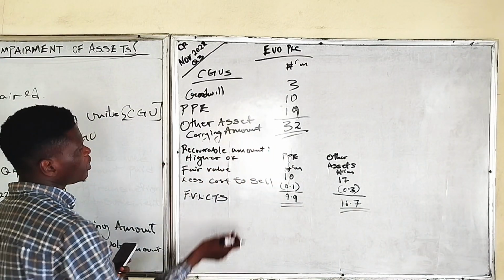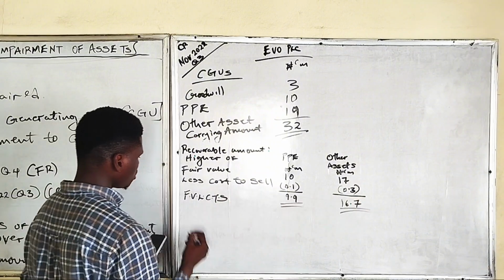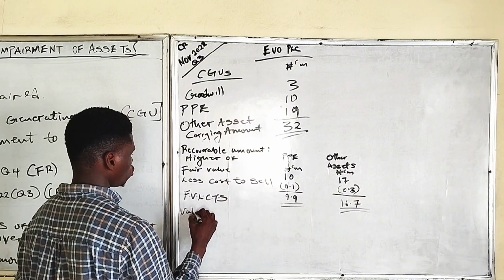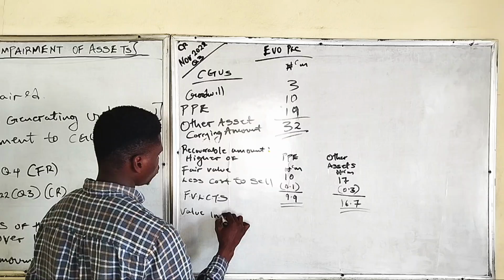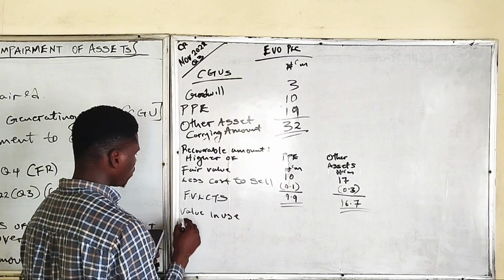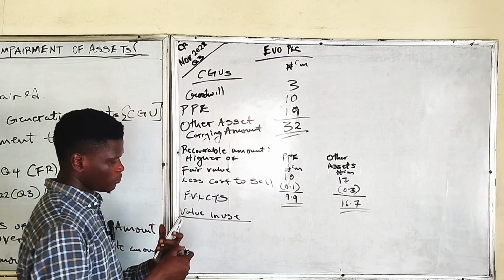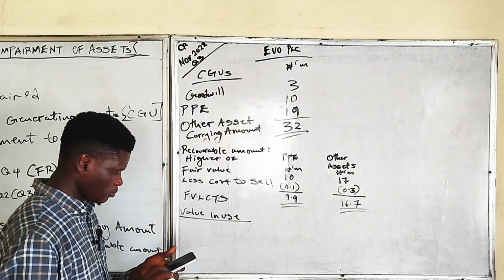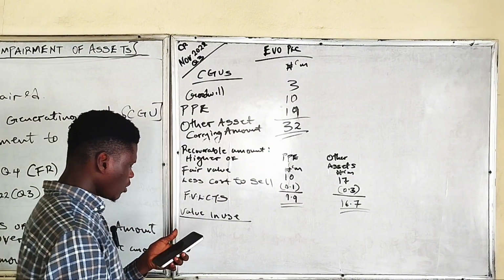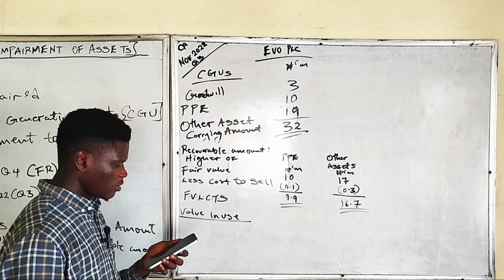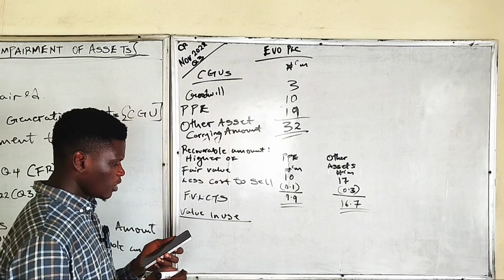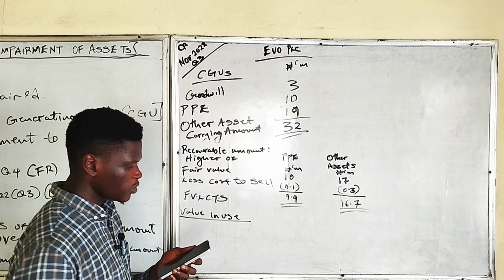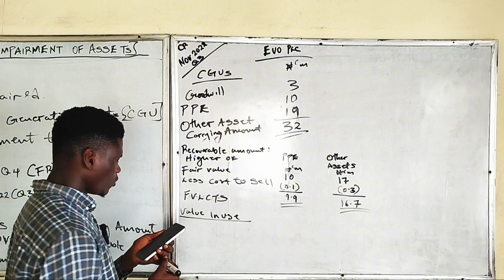So they said we should compare the fair value less cost to sell with the value in use. The director of Vivo needs to advise whether there has been impairment. We were given the cash flow forecast for the CGU for the next 5 years.